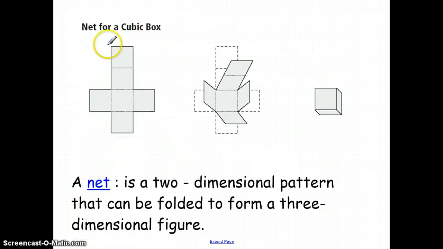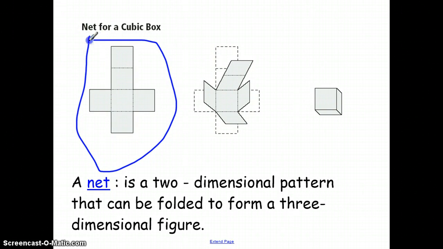If we look here at the transition, a net is a very important term. A net is a two-dimensional pattern that can be folded to form a three-dimensional figure. So here's the net, and here then transitions to the cube.